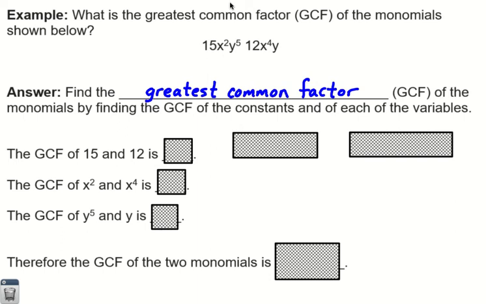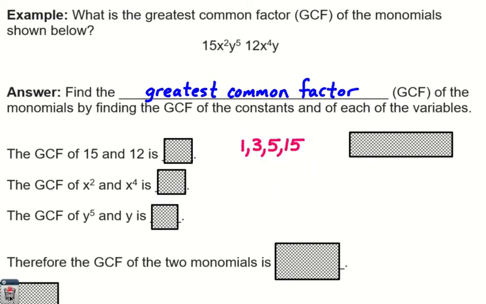That's a big vocabulary word in mathematics. You have to know what a factor is. So if I go off on the side for a second and talk about all the factors of 15, let's cut to the chase: all of the factors of 15 are 1, 3, 5, and 15.